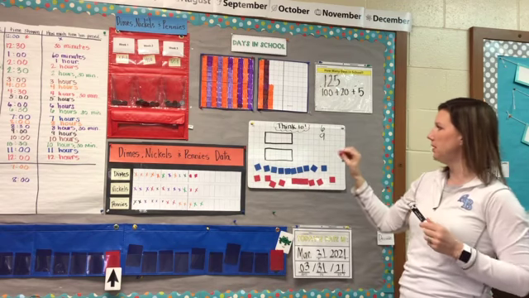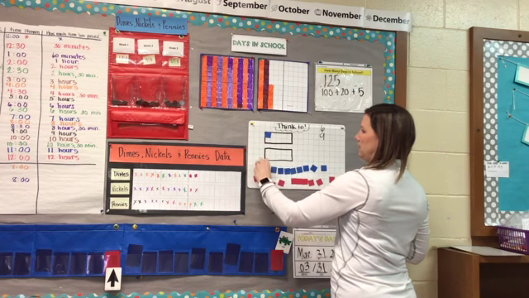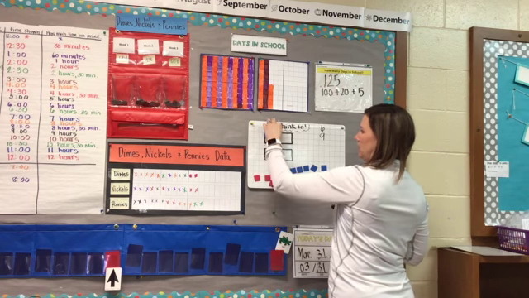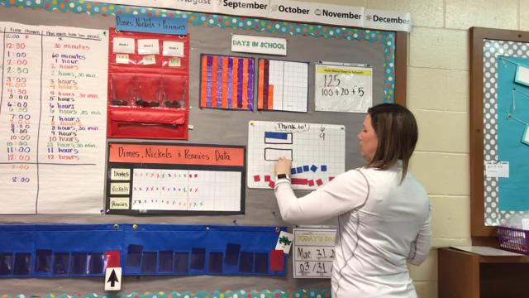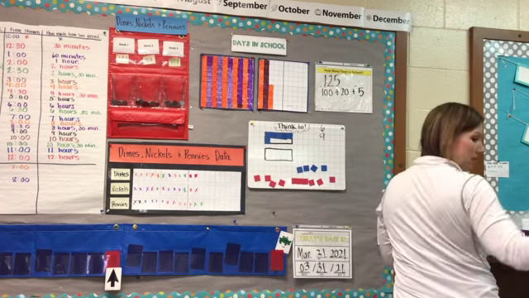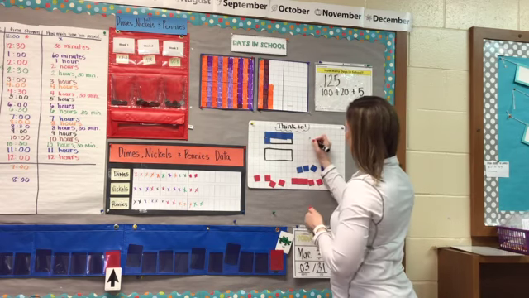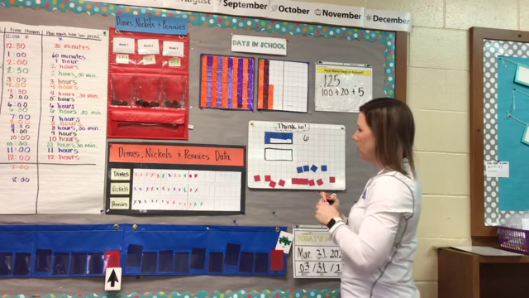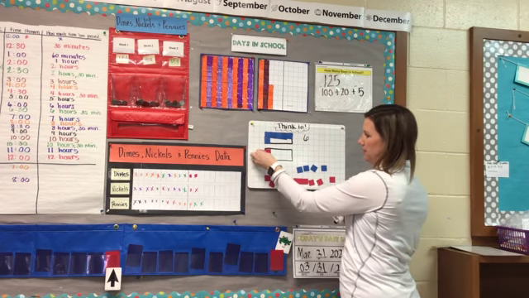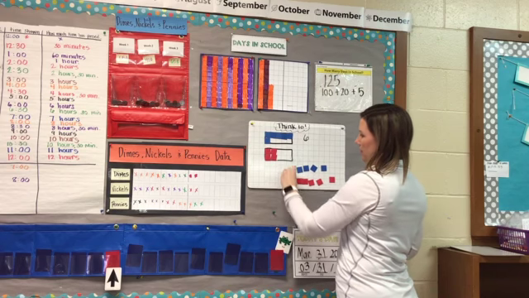So I'm going to build 6 first. 1, 2, 3, 4, 5, 6. So I know that I have 6 here, and now I'm going to build 9 on my bottom 10 frame with my red.